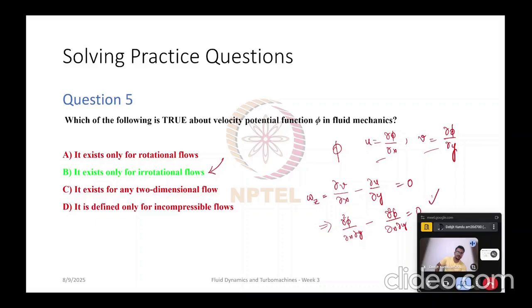Only then is it satisfied. If the flow has some finite value of rotation, then this equation is not satisfied and we cannot define a velocity potential function phi in that case.